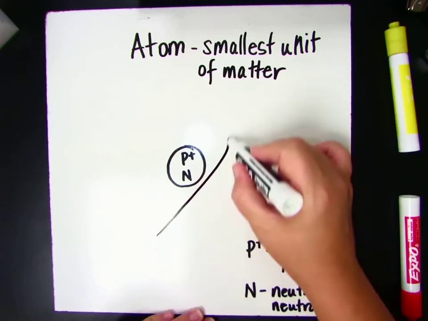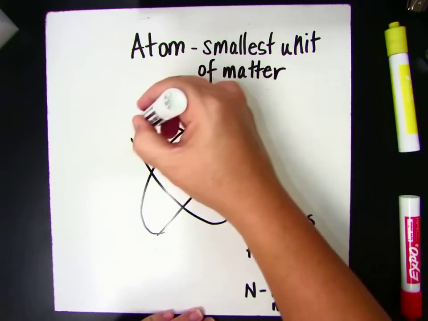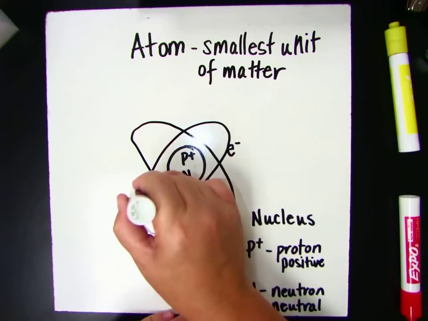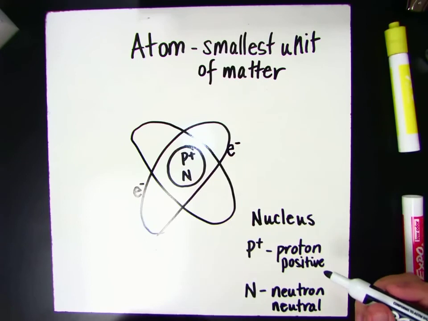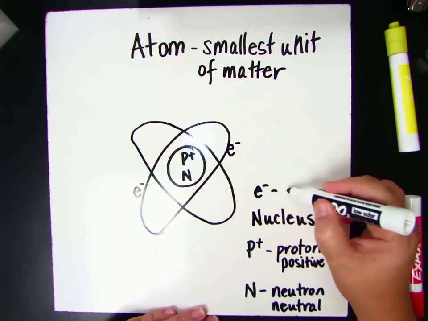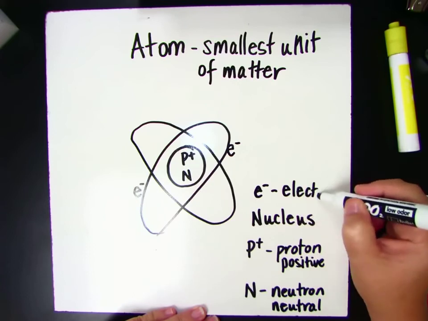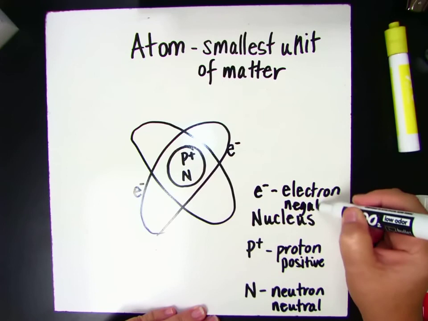And then orbiting around the nucleus are other particles called electrons. And I always put the charge every time I write the symbol for it. So an electron is negatively charged. Negative charge.